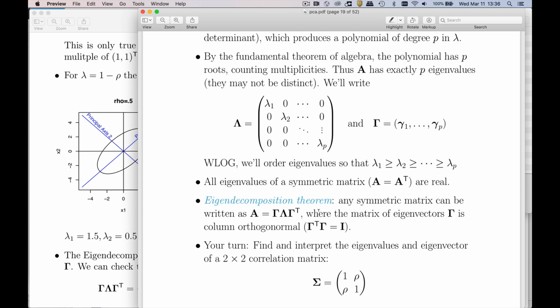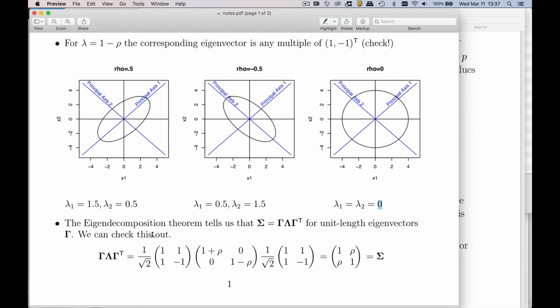So let's try that. I'm going to take gamma. Now, there's one small catch. The small catch is that here we're going to make sure we have unit length eigenvectors. So this is going to be my gamma matrix, and to make them have unit length, we'll multiply by 1 over the square root of 2.